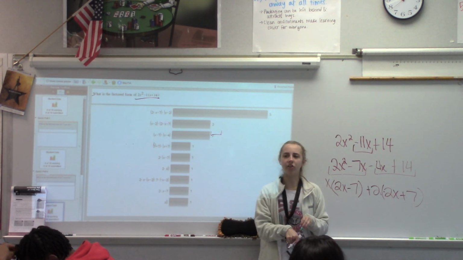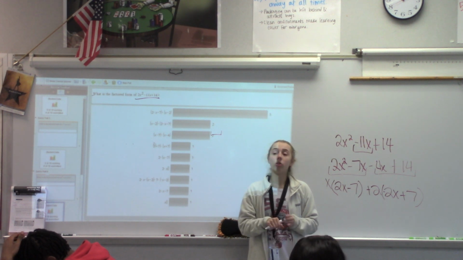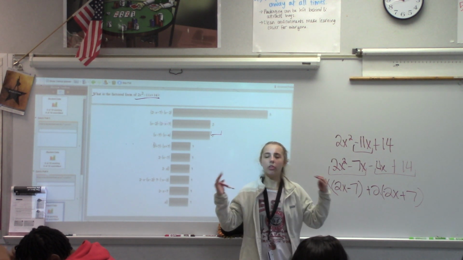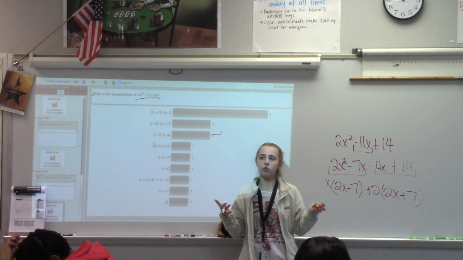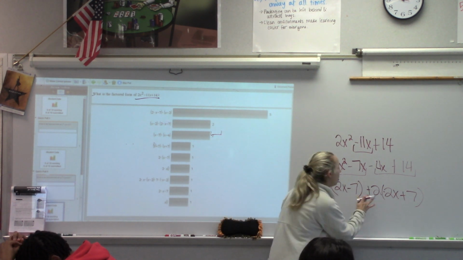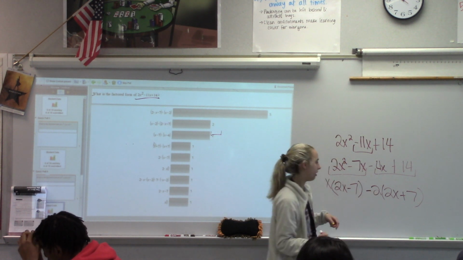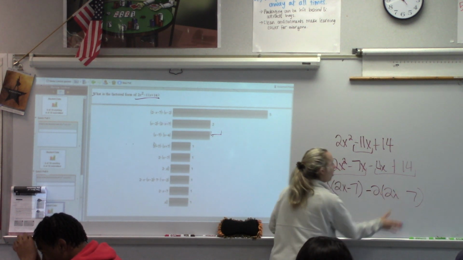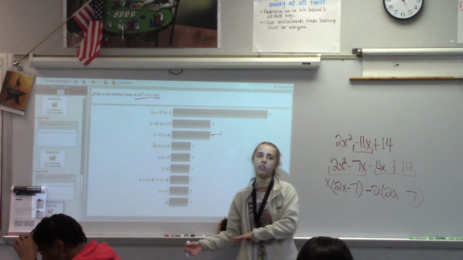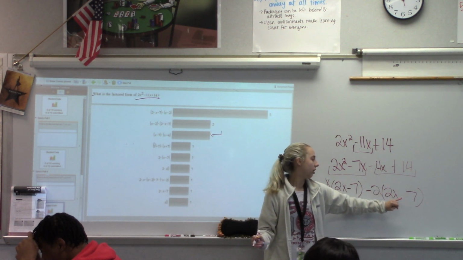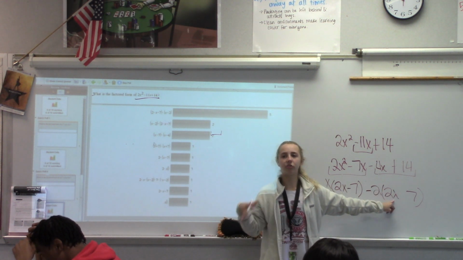So what do I need to do? The numbers are the same, but the positives and negatives are a little different. That's what I need to work on. Let's see what happens if I take out a negative 2. To multiply that back into that group, do I need a positive 2x or a negative 2x?